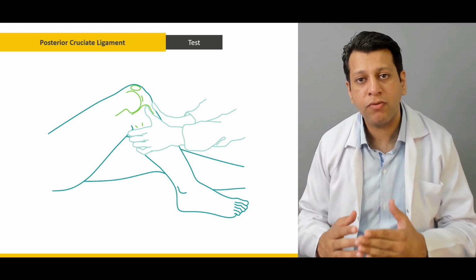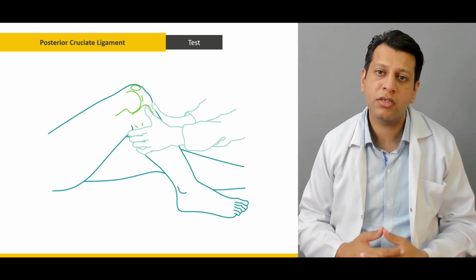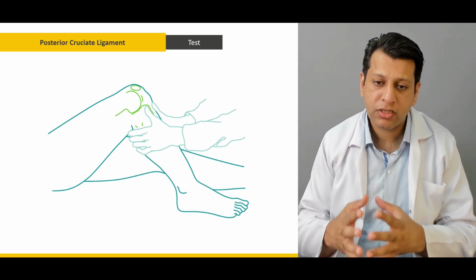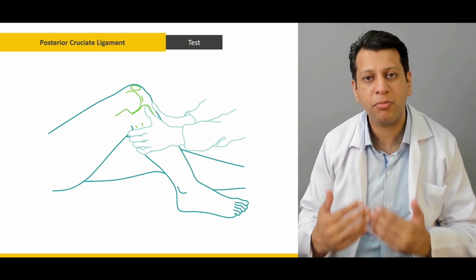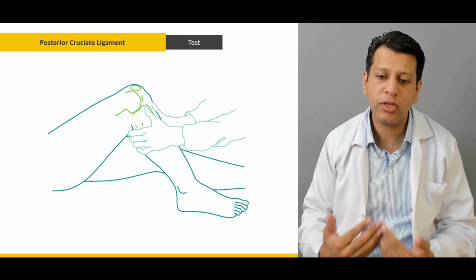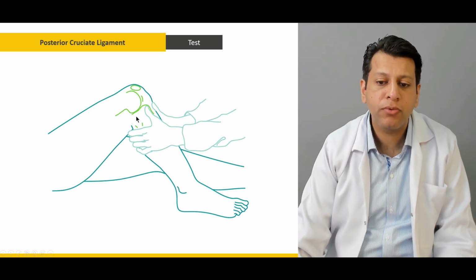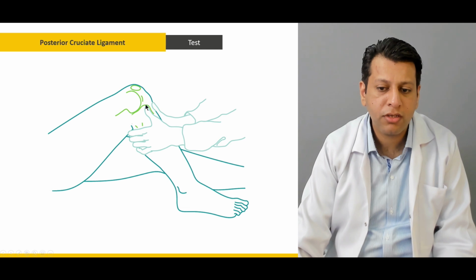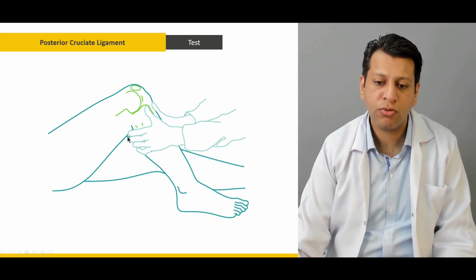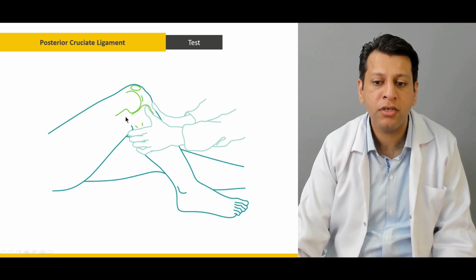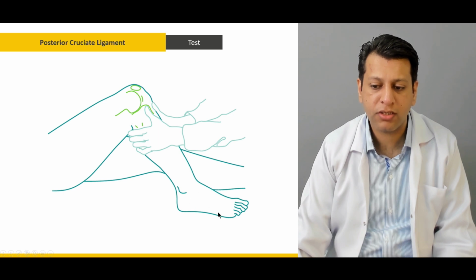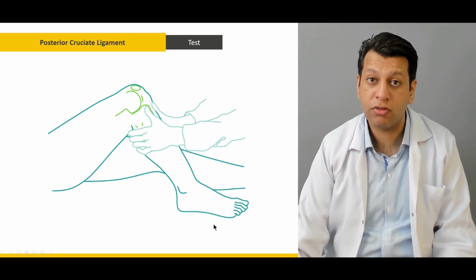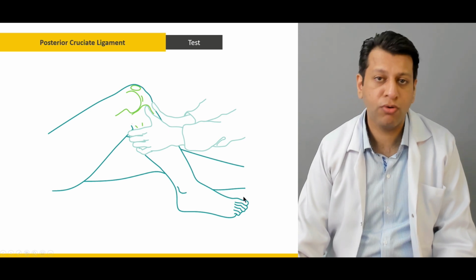After the history comes the clinical examination. The two important tests are the posterior drawer and the quadriceps active test. Posterior drawer, as the function of the PCL is to resist posterior translation of the tibia: the hip is at 45-degree flexion, the knee at 90-degree flexion, and the foot is stabilized by the examiner sitting on it, so the foot cannot go anteriorly.